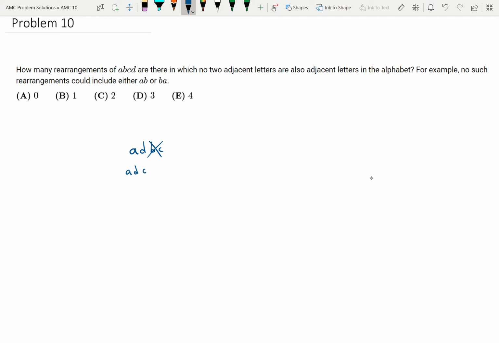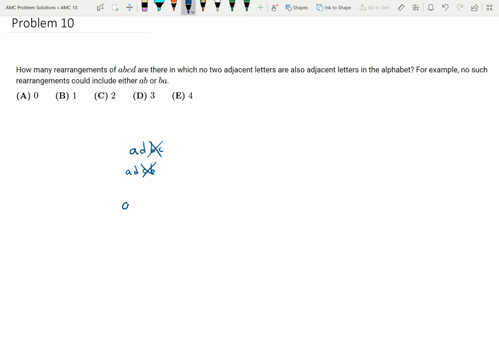Same with A, D, C, B, that won't work. So that means the next letter for all of these has to be one step away from the original letter.